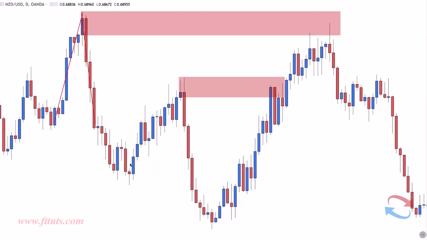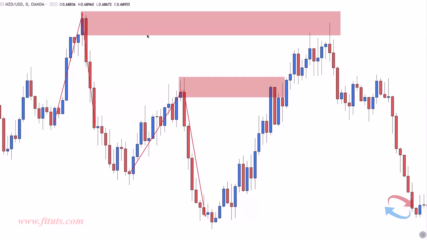When you have a build up like this, although that's fine as far as the drop, I prefer to see areas on a price chart where you have demand going in at a steep angle, and then the same with supply.